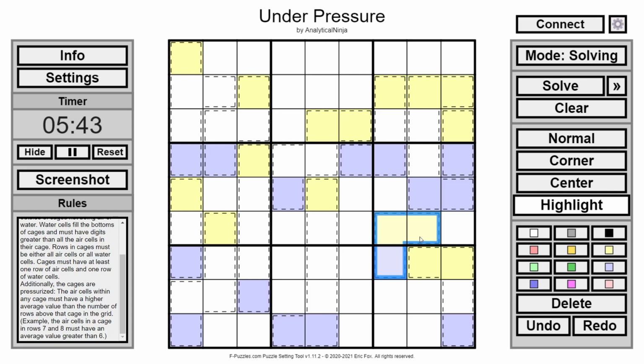So let's start here, because here it is a bit more restricted with the pressure, but we don't know if this cell is air or water. So let's take a look at this. 1, 2, 3. There's 5 rows above it, so these have to average 5, but also be less than this cell.